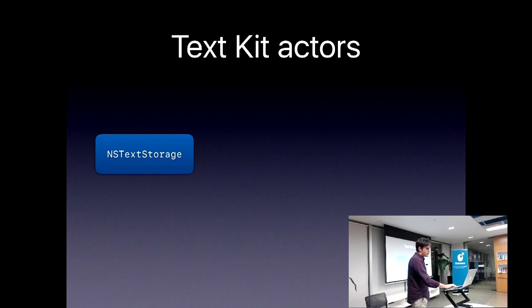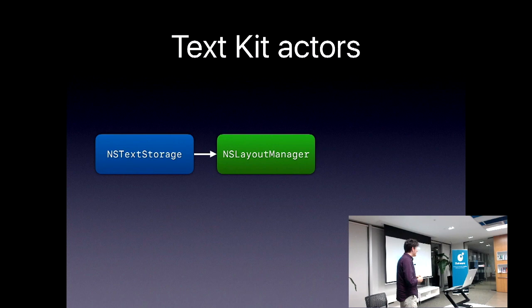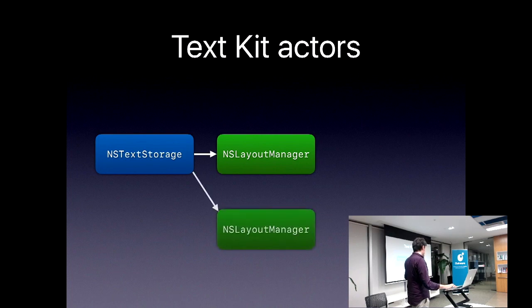Now, a text storage may have one or more NSLayoutManagers connected to it. A layout manager, as the name suggests, handles layout of text described in the text storage. So yeah, you might actually have more than one layout manager. I'll cover that a bit later.